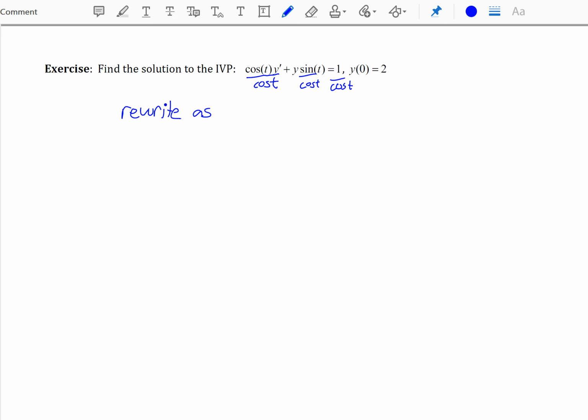When we divide by cosine of t, I think we get y prime. Remember, sine divided by cosine is really tangent of t times y. And remember some of our trig identities, 1 over cosine is really secant of t.